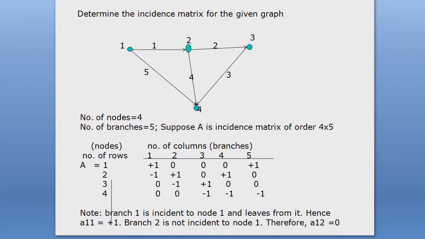Is equal to 0. Let me write the properties of an incident matrix. Properties of incidence matrix.